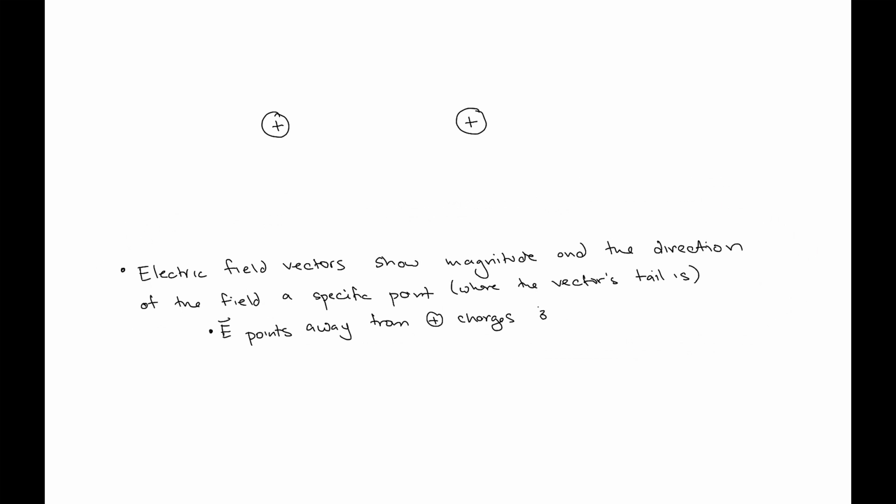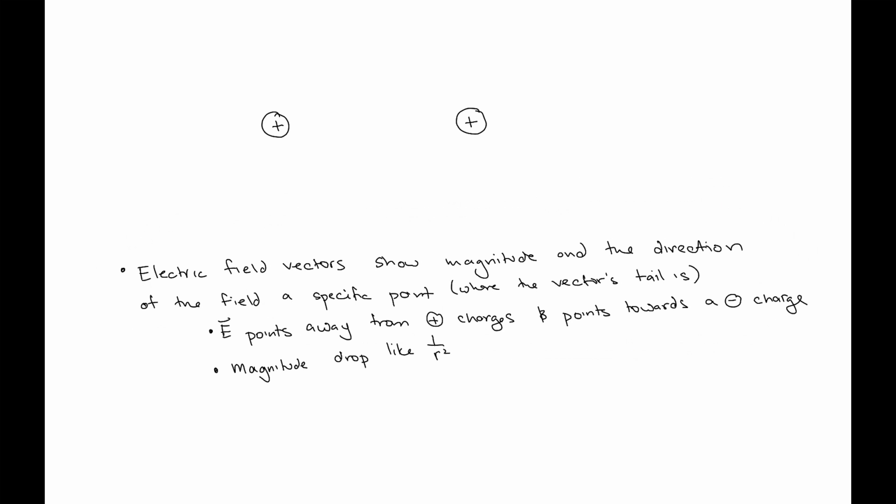And for the same reasoning, it points towards a negative charge. I also know that the magnitude, or the size of my vectors, is going to decrease like 1 over r squared. I'm not getting a ruler out, so I might not perfectly depict that decrease in magnitude, but hopefully the intention will be there.